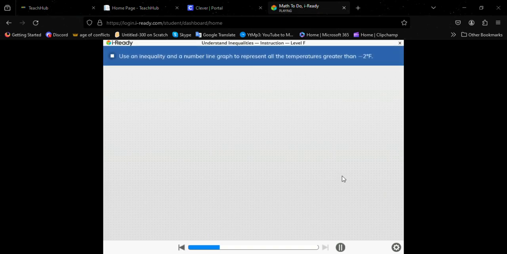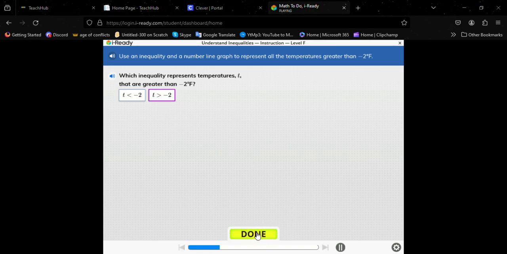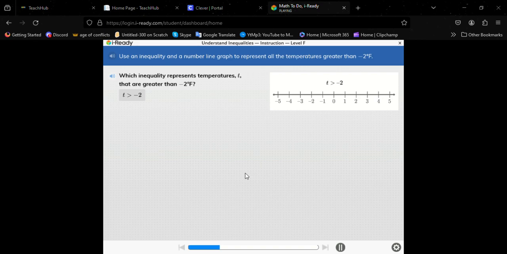Use an inequality and a number line graph to represent all the temperatures greater than -2 degrees Fahrenheit. Which inequality represents temperatures T that are greater than -2 degrees Fahrenheit? Let's graph some solutions of the inequality.